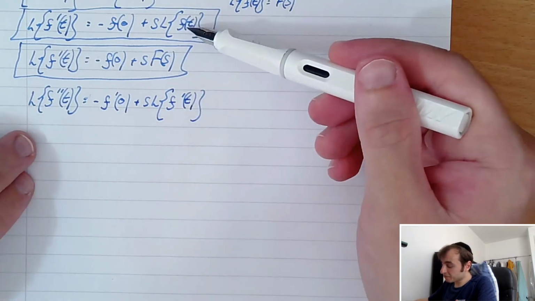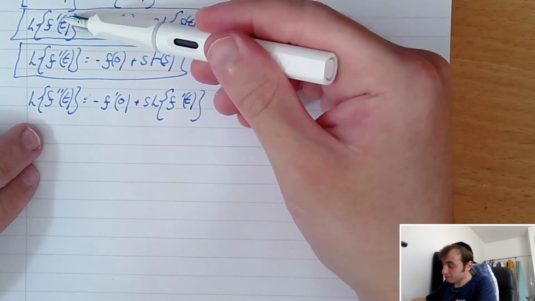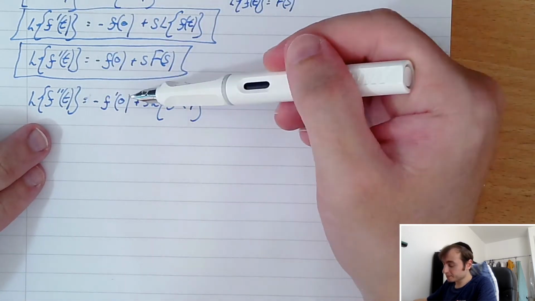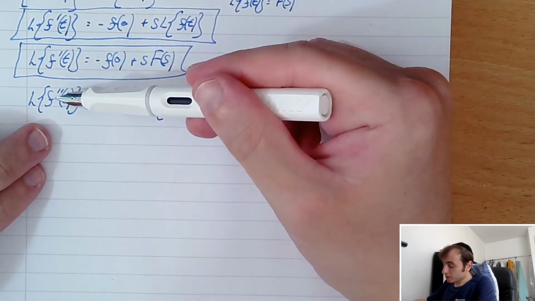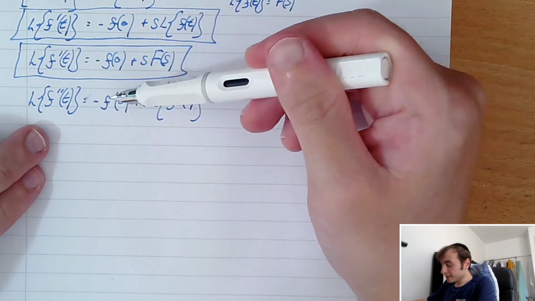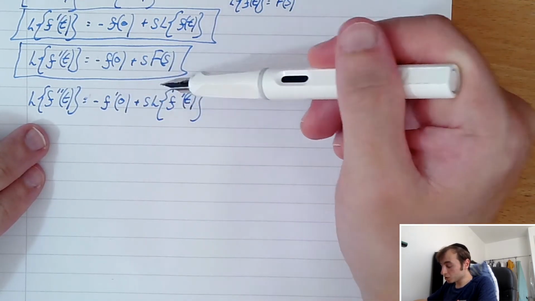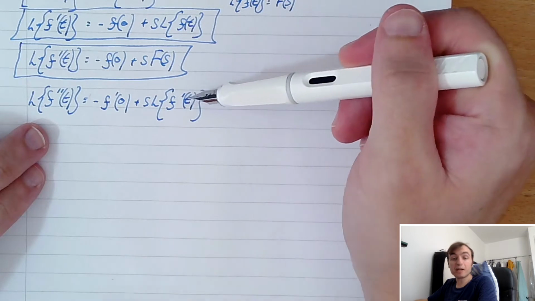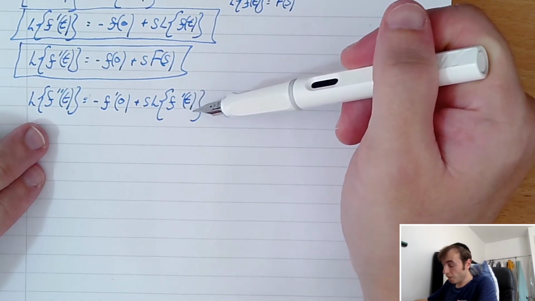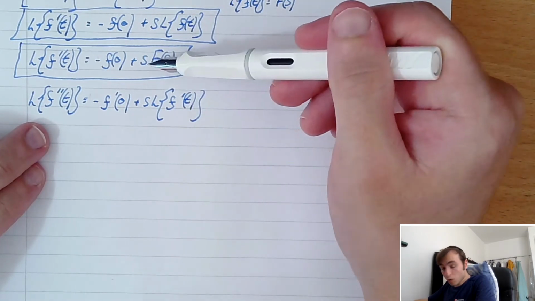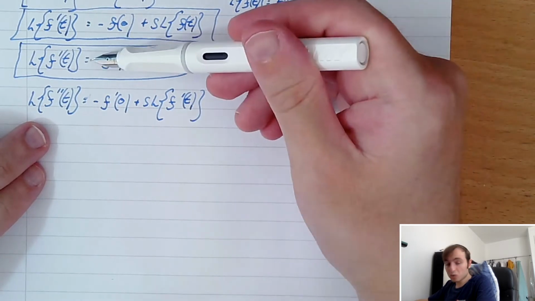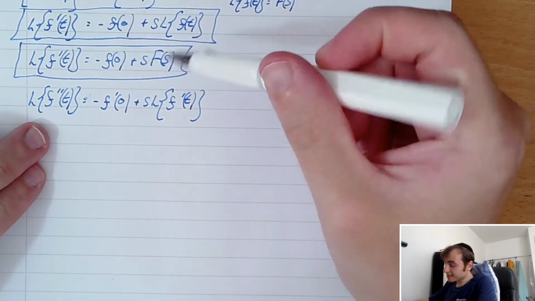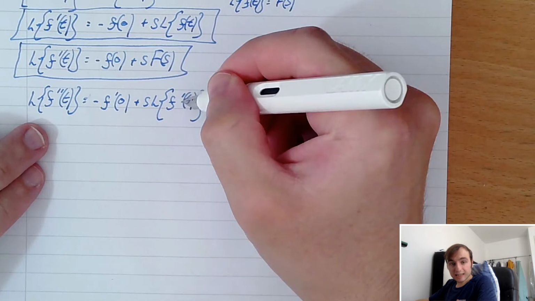I just replaced f of t with f prime t, and therefore f prime t is going to be f double prime t. So we've got the Laplace transform of f double prime t is going to equal minus f prime naught plus s times the Laplace transform of f prime t. But we know what the Laplace transform of f prime t is because we've just worked it out over here, haven't we? So let's substitute this into here.